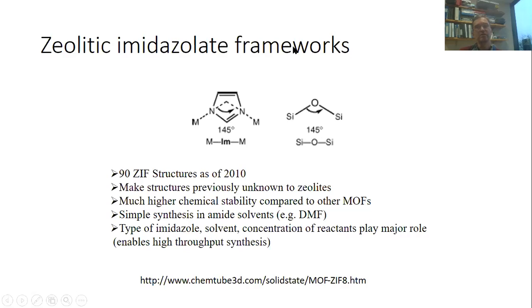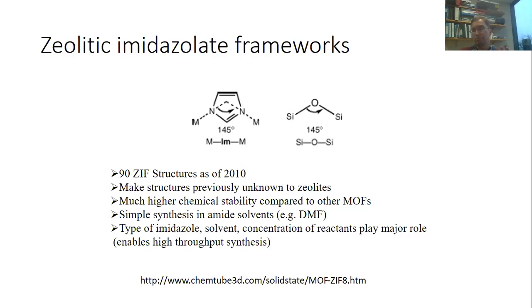So in this case, you use an imidazolate anion as your linker. And in a certain sense, there's an analogy between an imidazolate linker and an oxo linker in zeolite chemistry.